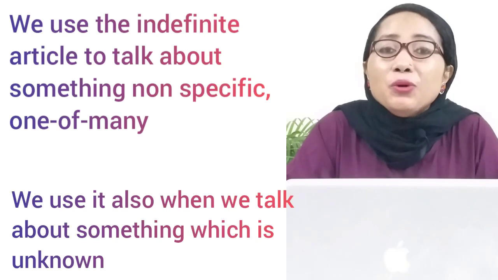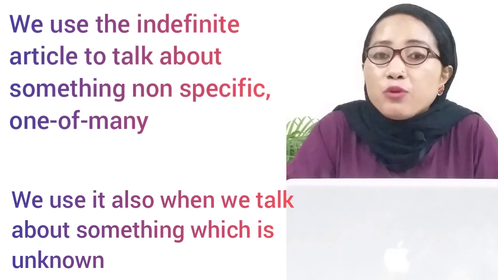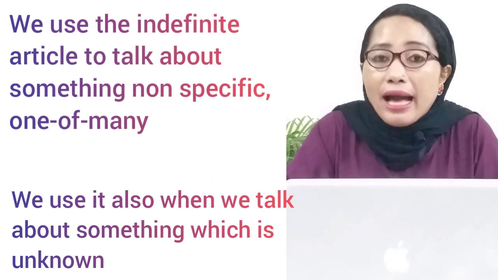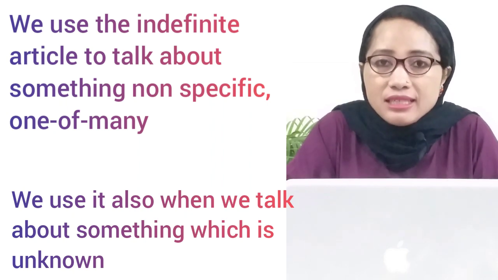First of all, I'm going to teach you when to use the indefinite article. We use the indefinite article when we talk about something non-specific, I mean one of many, right?